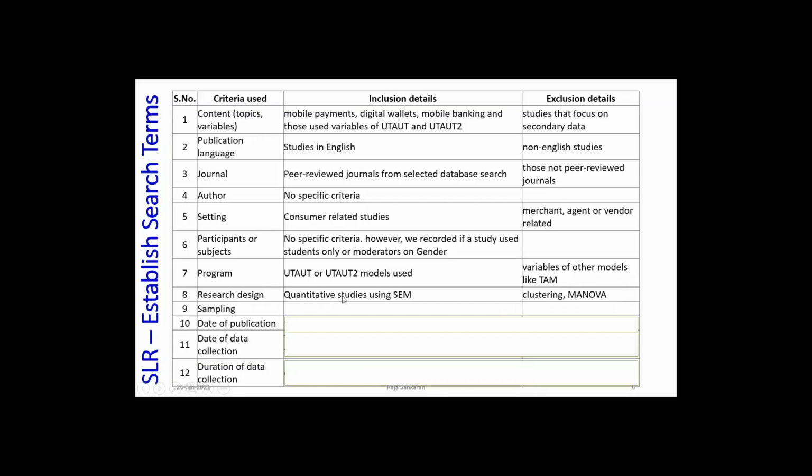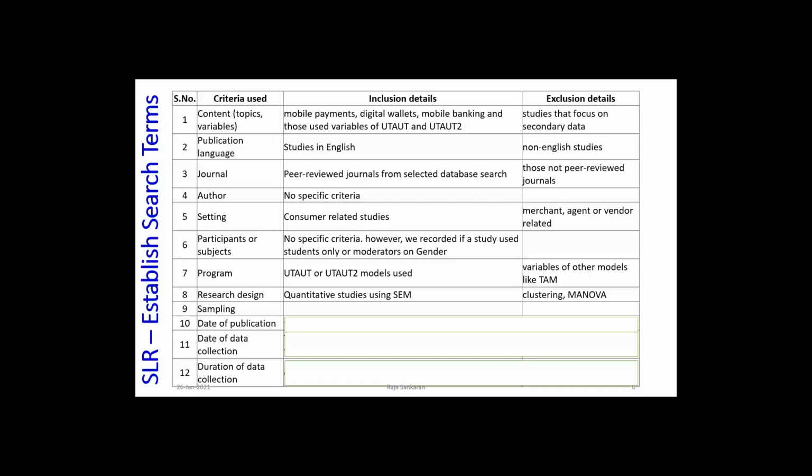Do I want to include those studies which are qualitative in nature as well? No. So I could say in inclusion, only those which have used quantitative studies. Within quantitative studies also, you could get various other things. For example, people would have used structural equation modeling. People would have used just regression. People could have used something else like clustering in order to arrive at some of their results.